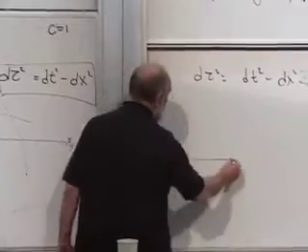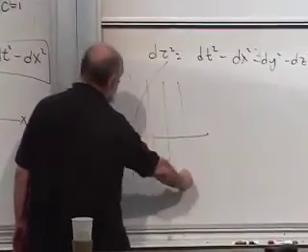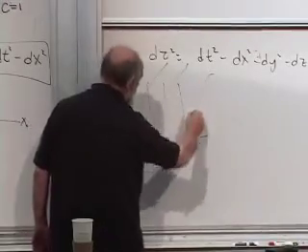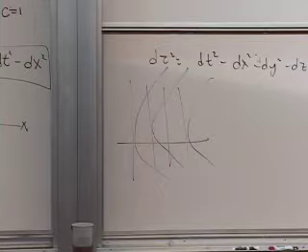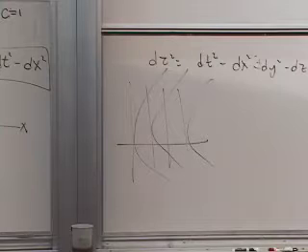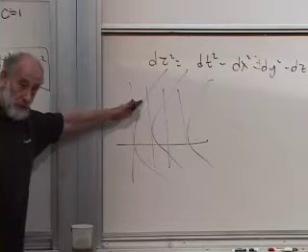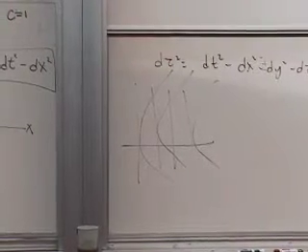I gave you coordinates which look like this, and we also talked about coordinates which were accelerated. There's an example of the introduction of curved coordinates into space-time for a particular purpose, in order to study accelerated coordinate systems. Okay. So it's not insane and not silly to introduce curved coordinates into space-time.